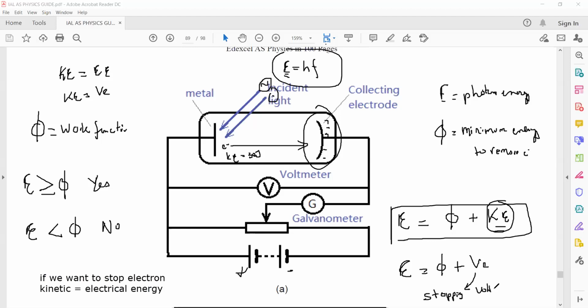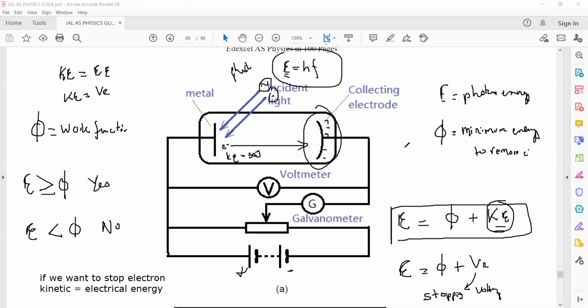So what happens in the photoelectric effect is that we supply a photon whose energy is E. When it falls on the metal surface, the electron comes out with some kinetic energy. To stop this electron, we have to apply the same amount of electrical energy.